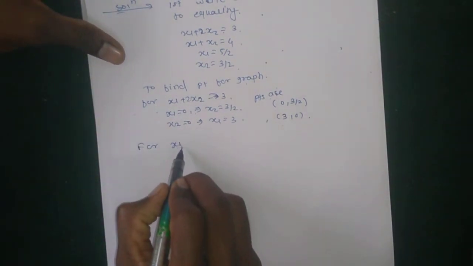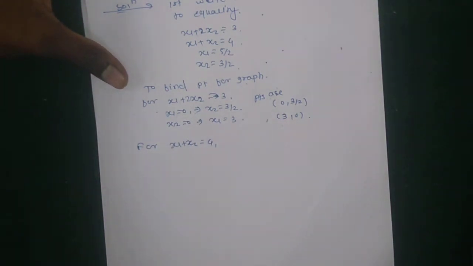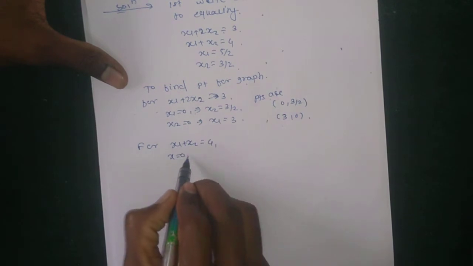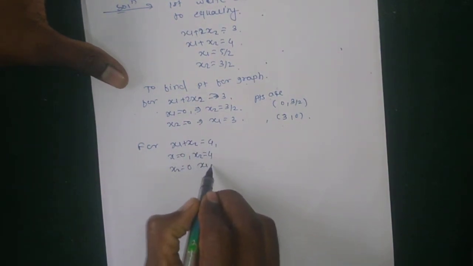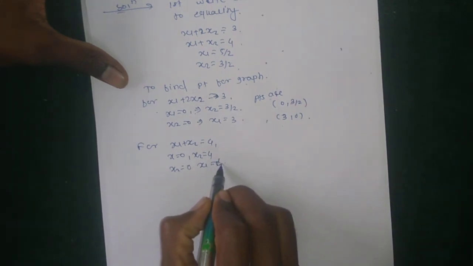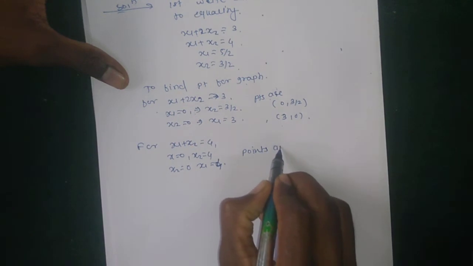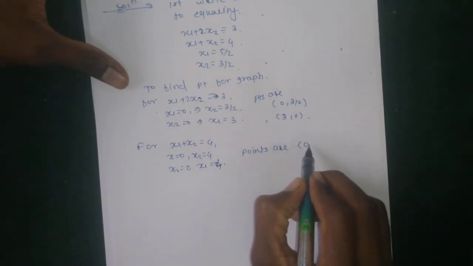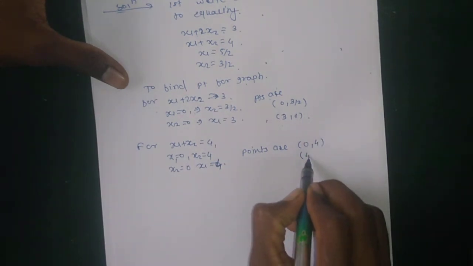Next, the constraint x1 plus x2 is equal to 4: when x1 is equal to 0, then x2 is equal to 4, and when x2 is equal to 0, then x1 is equal to 4. So the points are 0, 4 and 4, 0.